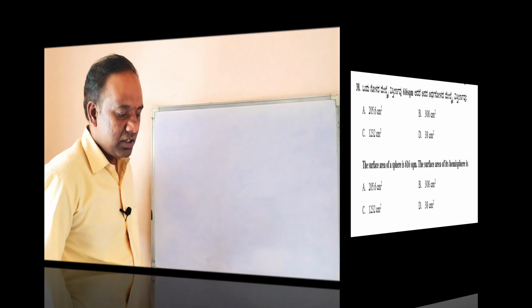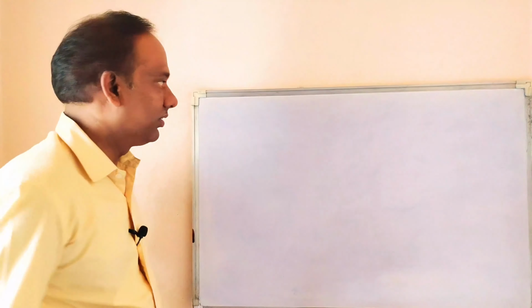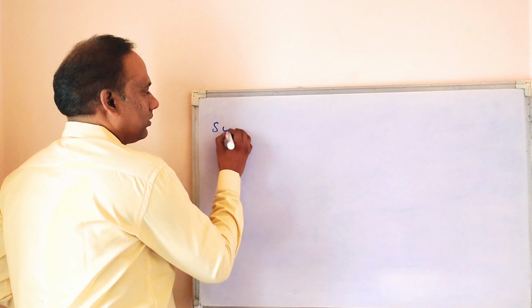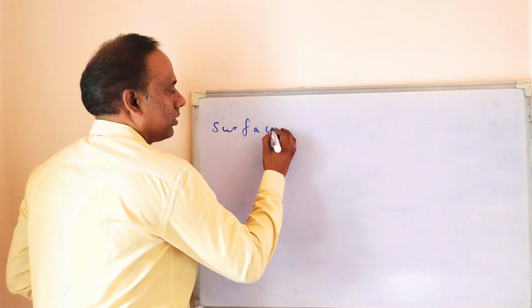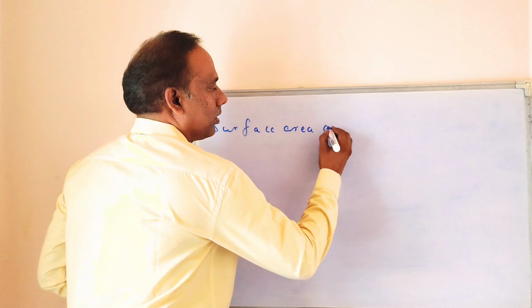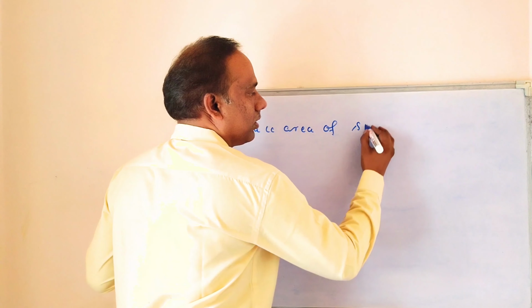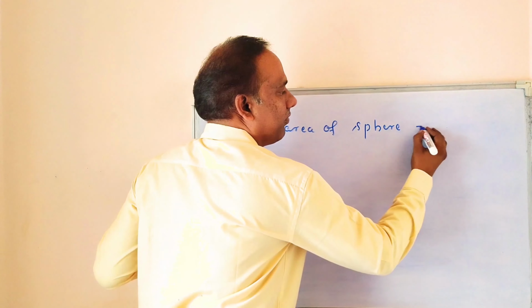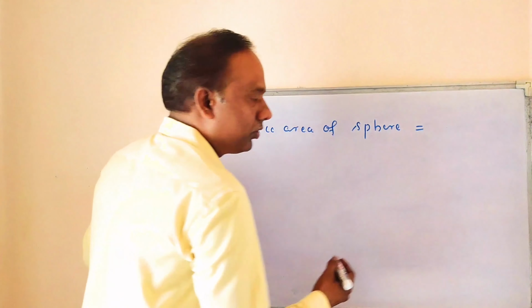Here they given the surface area of a sphere. The surface area of a sphere is equal to 616 square meters.